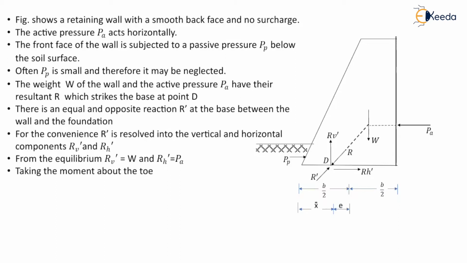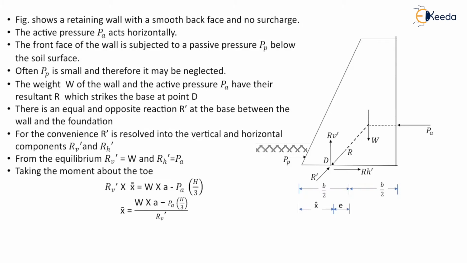Taking the moment of forces about the toe, we get RV dash into X bar equal to W into A minus PA into H by 3, where A is the distance of the center of gravity from the toe and active pressure PA is supposed to act at height H by 3 from the base.